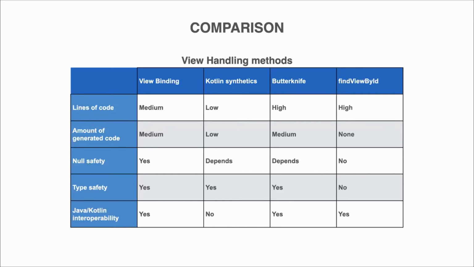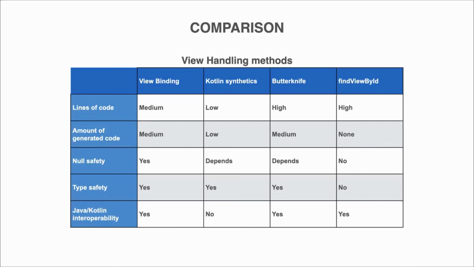So yeah, it's not that safe. It has also some other edge cases that are not really that safe. Same goes with Butterknife, even though it has an optional annotation to annotate the views that might not be there, so they're automatically considered nullable. findViewById doesn't have any mechanism to cover this.